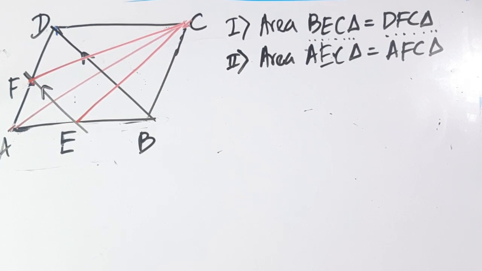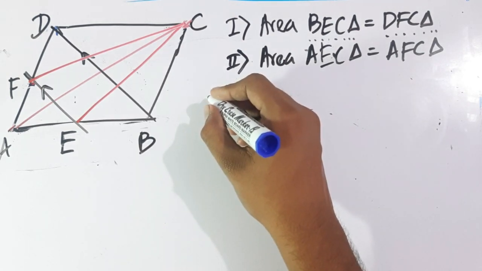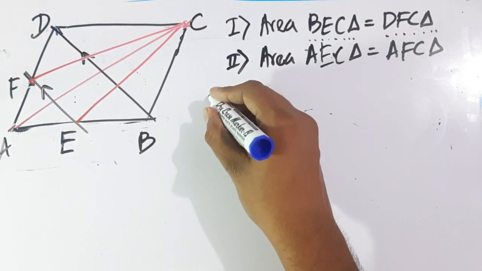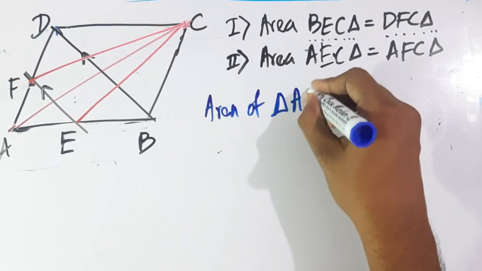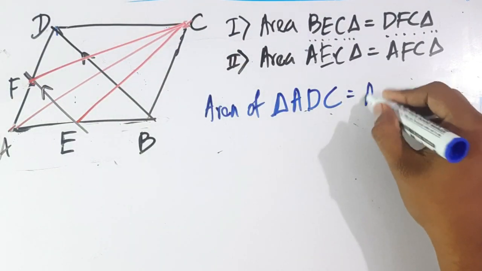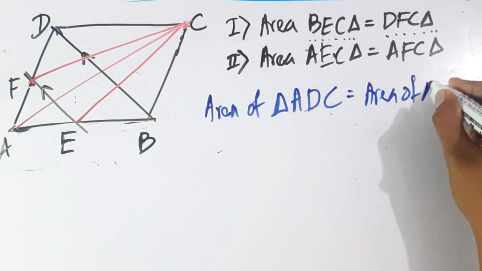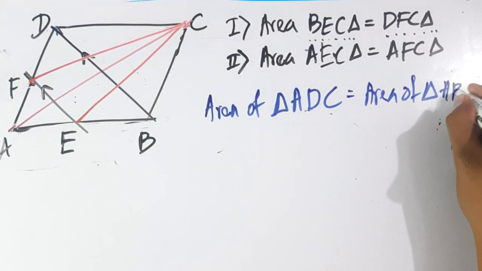First thing is, I can tell these two triangles are definitely equal in area. Let's see whether you can recall the reason. Area of triangle ADC, that is this one, is equal to area of triangle ABC. The reason is important.